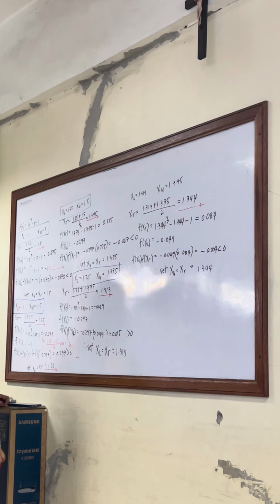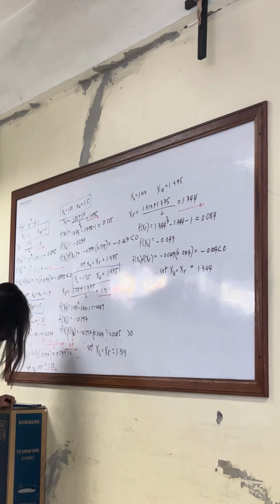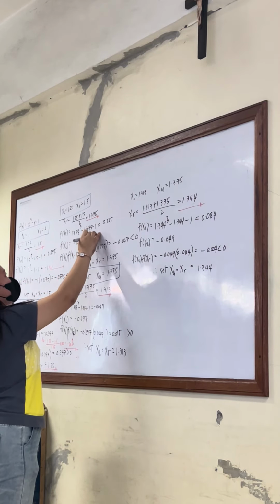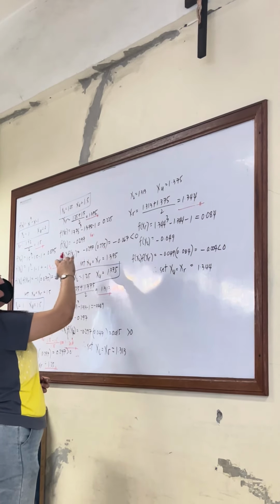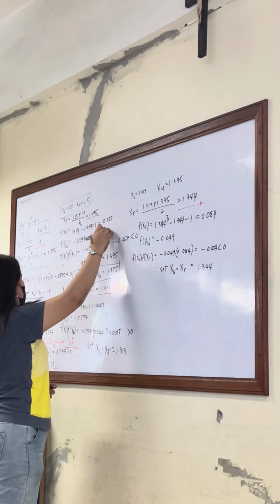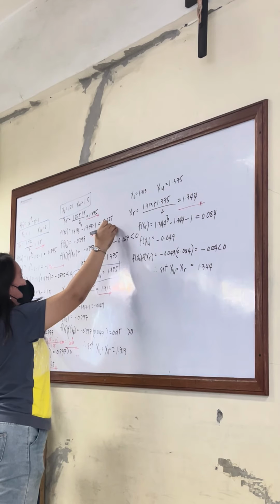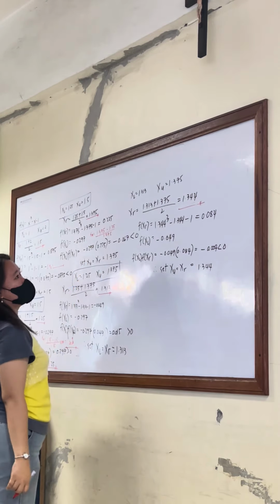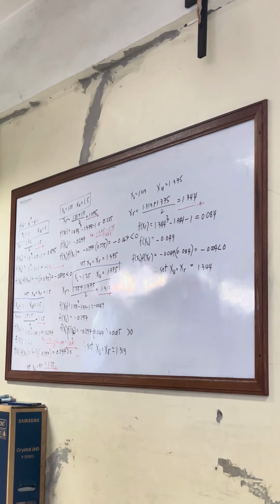Negative 20 na? 1.375 minus 1.25 all over 1.375.